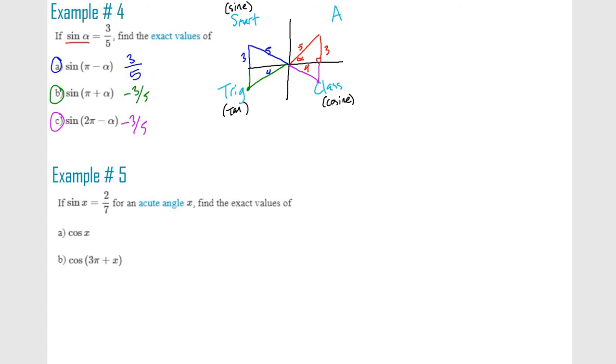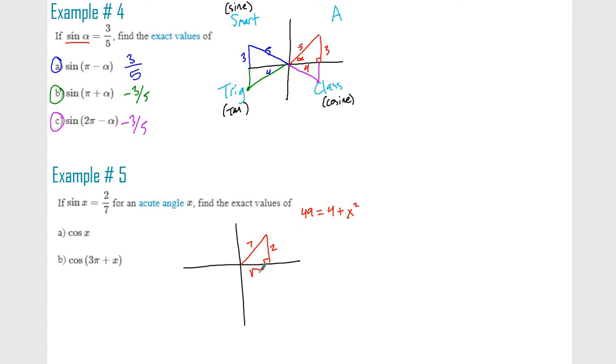All right, let's do example number 5. Okay, so sine is 2/7. I like to draw this. So, well, I'll start with red. That's what I did in the last one. So let's see. We know sine is opposite over hypotenuse. We can figure out the other side. So Pythagorean theorem. So 49 equals 4 plus, that would be our x squared.